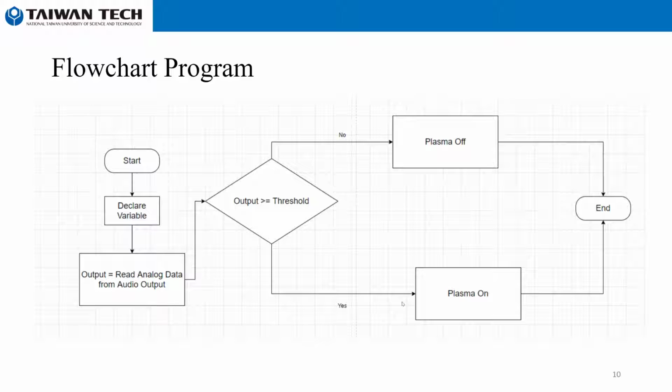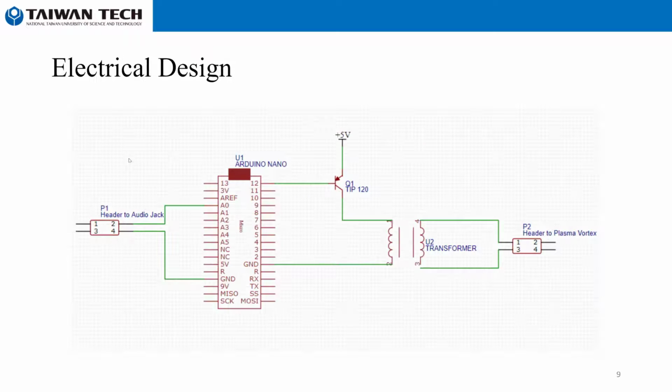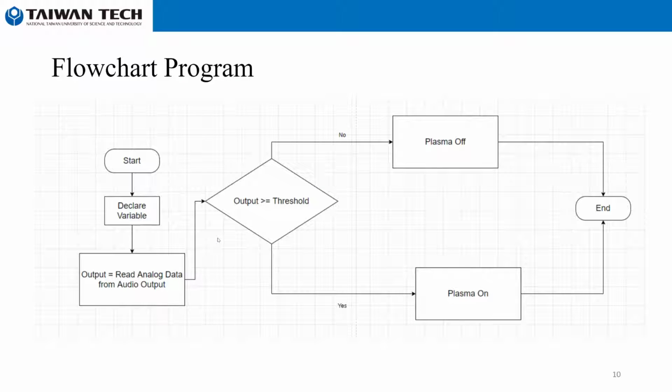Okay, so in our flowchart diagram, in the beginning, you need to first declare the variable. This means that you need to declare which pin you will connect the audio jack to. Afterwards, it will read the analog data from the audio output, and you need to set the threshold.